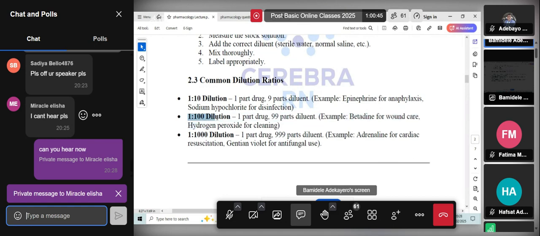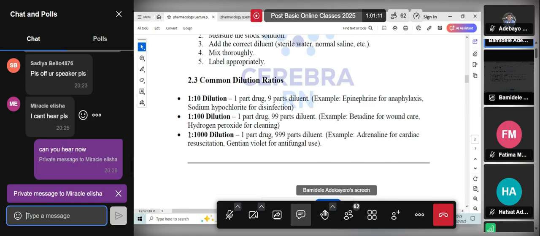So anything that is recommended diluent is going to be used. In 1 in 100 dilution, that means 1 mil of the medication is added to 99 mils of the solvent or diluent. It can be water, it can be normal saline. And this last one, 1 in 1,000, is pretty rare, but it is very used for those of us in the ICU, perioperative nurses, or in the emergency.